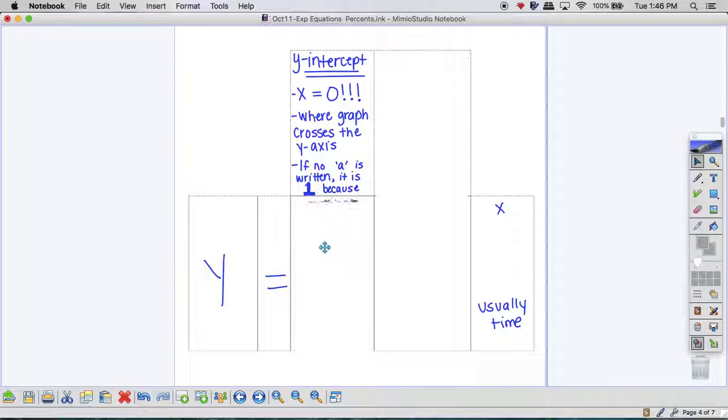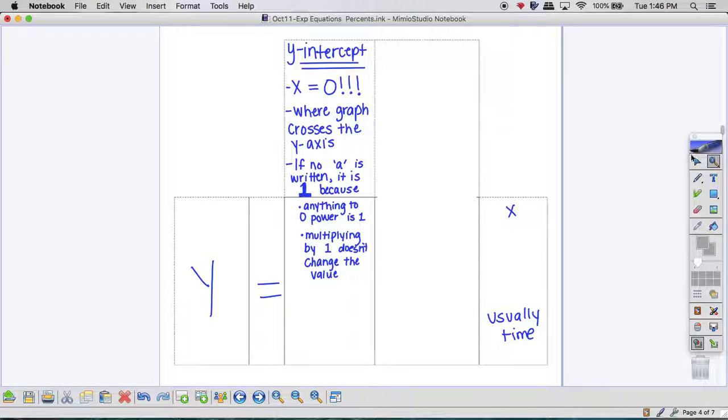The two reasons are, one, because anything to the 0 power is 1, and the other reason is because multiplying by 1 doesn't change its value. So that's a couple reasons why a lot of these y-intercepts for our exponential equations are going to be 1.